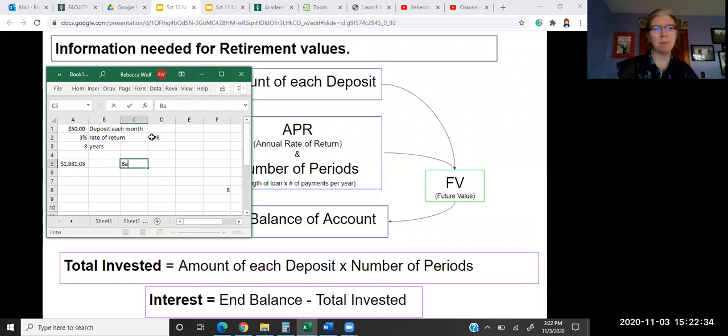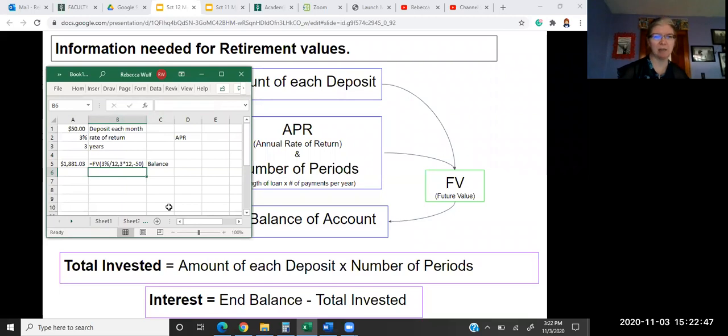Right, that is the balance on my account. And let me just put on the screen here. There again, there's what I typed to get it in the middle. That's the balance on my account. That's different than the total invested.